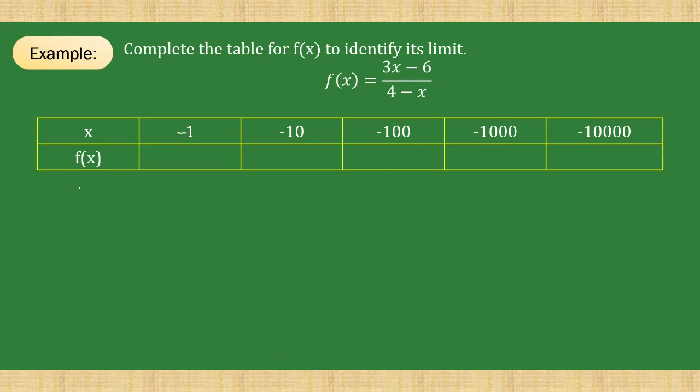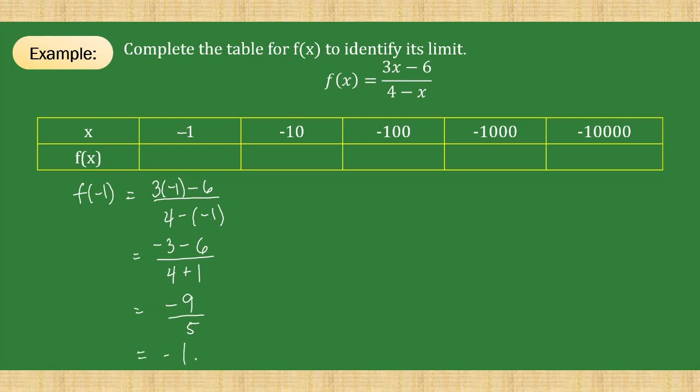So, una, meron tayong f of negative 1. f of negative 1, this is 3 times negative 1 minus 6 all over 4 minus negative 1. This will be negative 3 minus 6 over 4 plus 1. This will be negative 9 over 5. So dividing them, we have negative 9 over 5. This is negative 1.8.